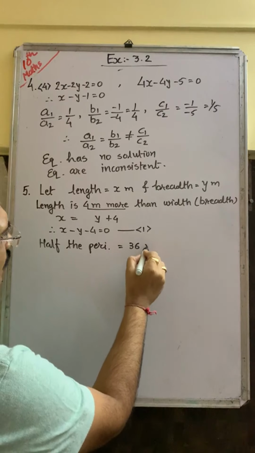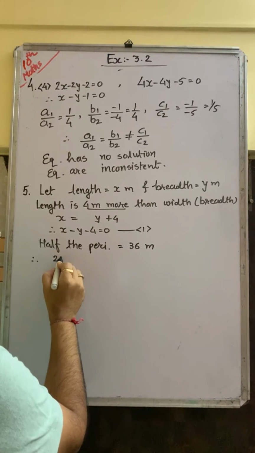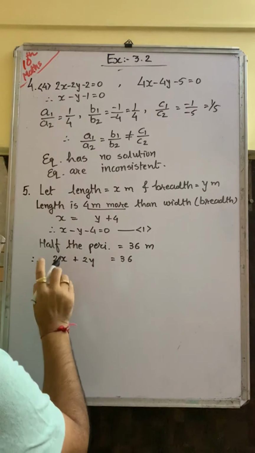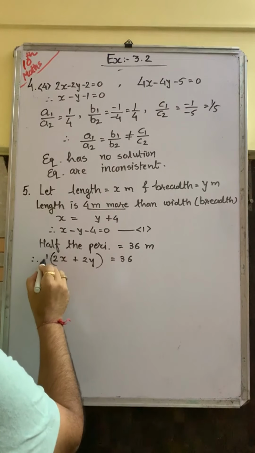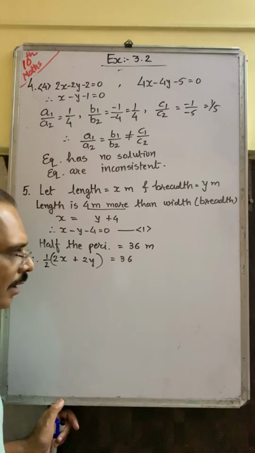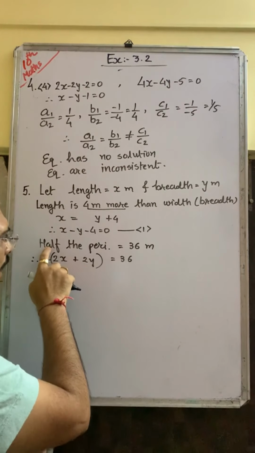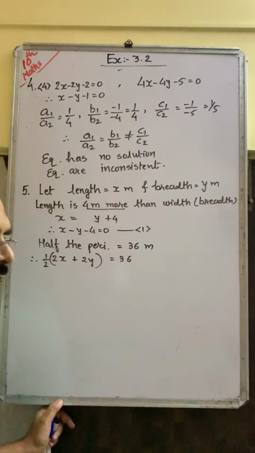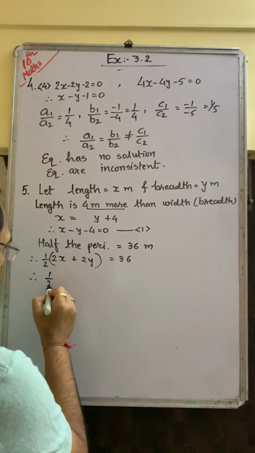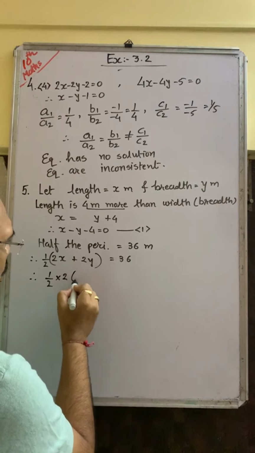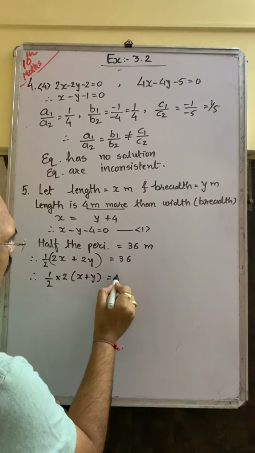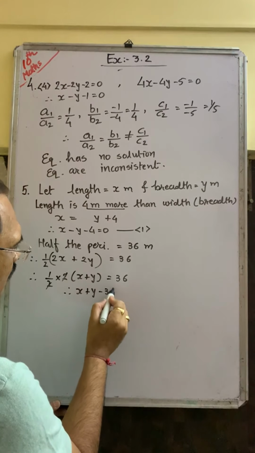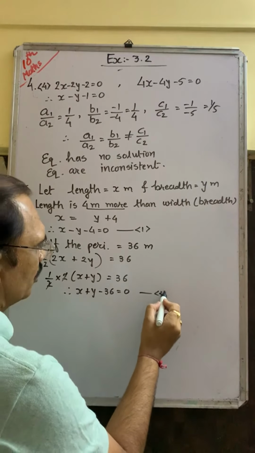Perimeter means 2 times length plus 2 times breadth equals to 36 perimeter. So half the perimeter is half of it. Half means half. Perimeter is 2 times length plus 2 times breadth, given 36. Now from the bracket, you can take 2 common, x plus y equals to 36. 2 to cancel. So x plus y minus 36 equals to 0. This is the second equation.